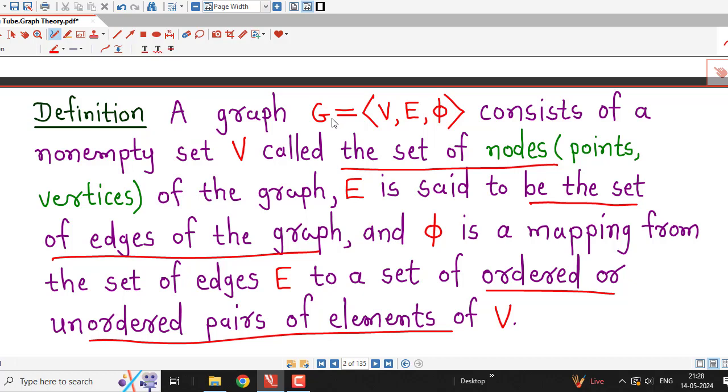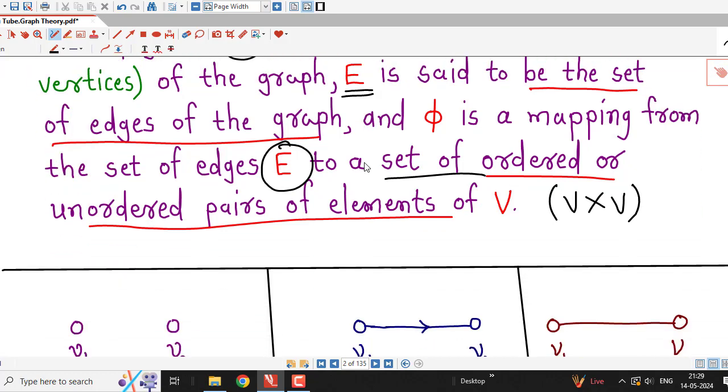So this is the definition of graph. A graph G = (V, E, phi) consists of a non-empty set capital V called the set of nodes, a set of edges denoted by capital E, and phi is a mapping from the set of edges E to the set of ordered or unordered pairs of elements of V. That means it is a mapping from capital E to V cross V.